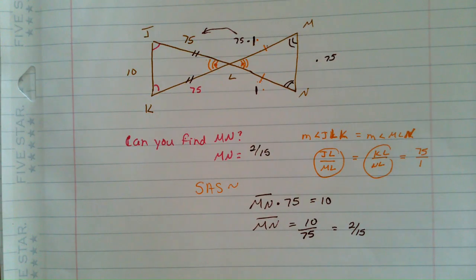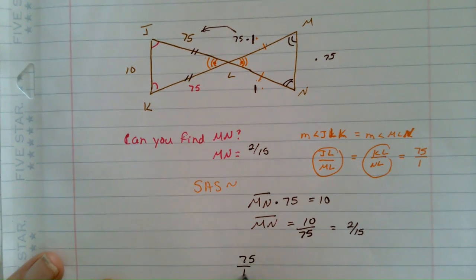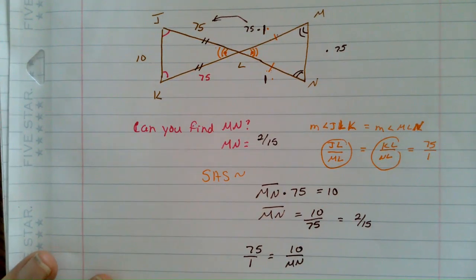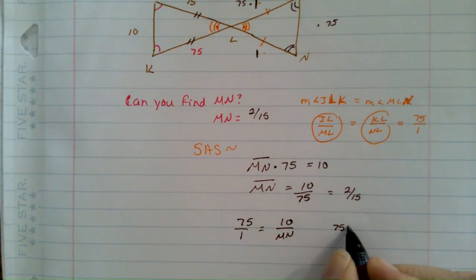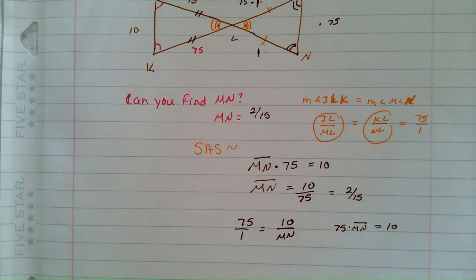So if you didn't like that version, you could have also said 75 over 1 is equal to 10 over MN. And then cross product, and you're going to get the same math. 75 times MN equals 10 times 1. So cross products, however you want to look at it.